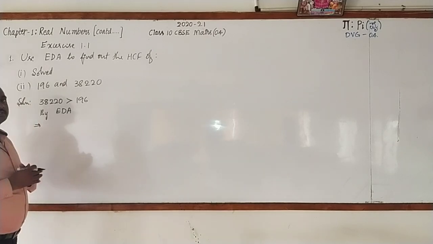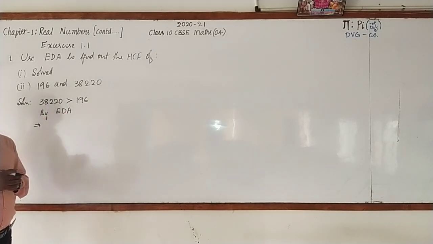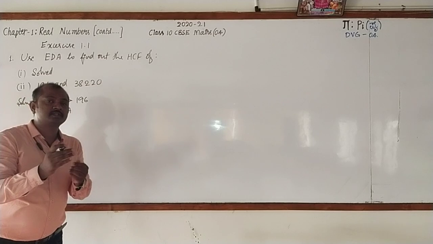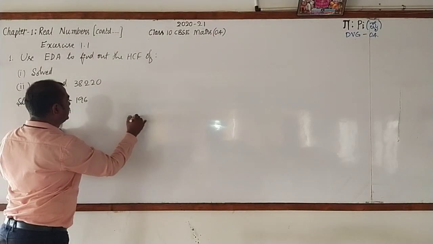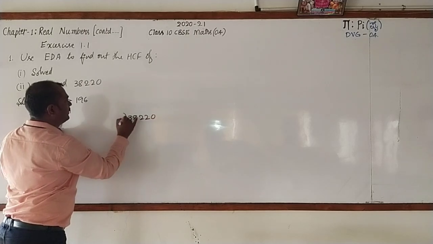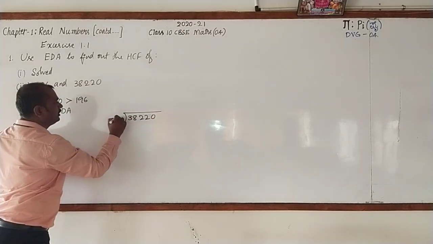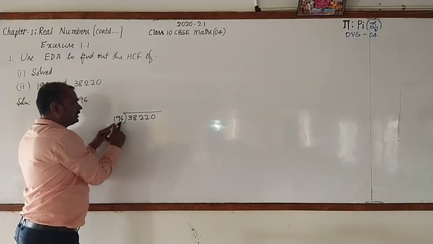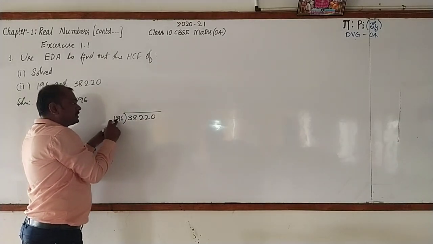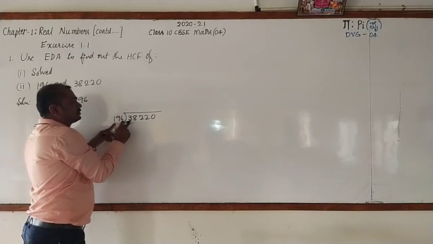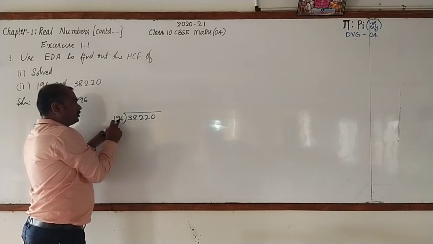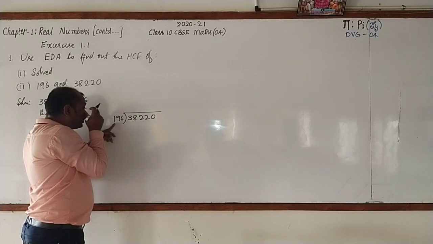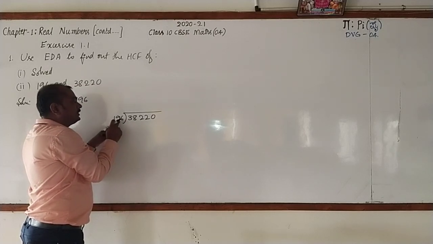According to Euclid's division algorithm, it should be expressed in the form of a equal to bq plus r, right? So I divide 38,220 by 196. Now see that as the divisor is 3 digits, here I will take the 3 digit number, 382. So 382 is there. 196 how many times?